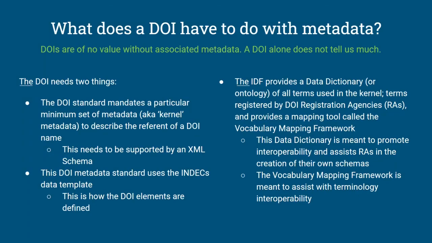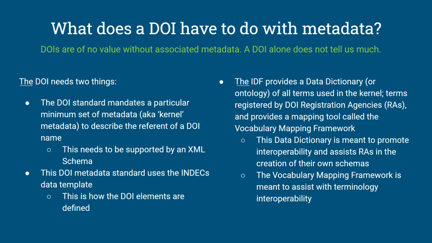So what exactly does a DOI have to do with metadata? Well, if you're looking at a DOI by itself, it really doesn't tell you a lot. So DOIs have to have associated metadata. Now, that metadata has a minimum set of metadata, also known as kernel metadata, to describe the referent of a DOI name. The metadata is supported by an XML schema.